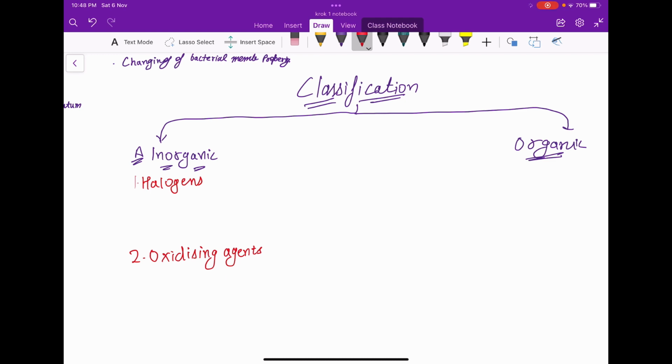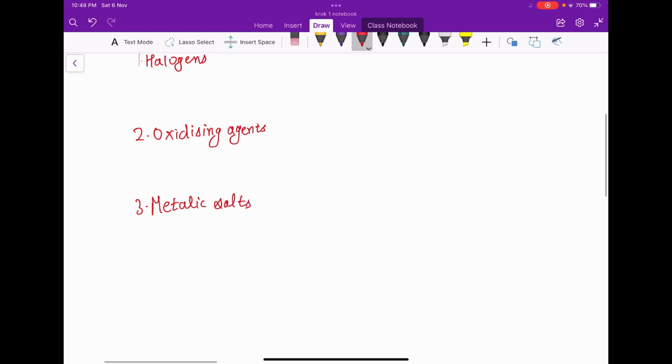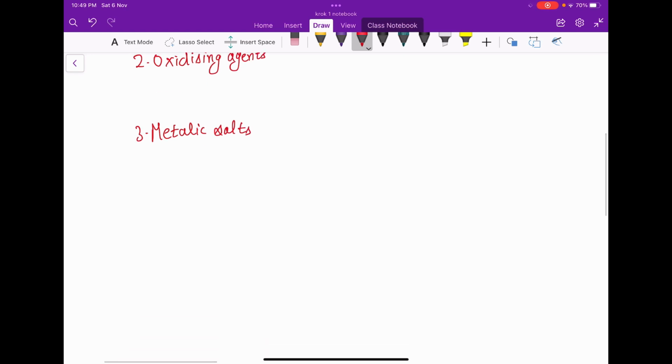The third category is metallic salts. And the fourth category is acids and alkalis.